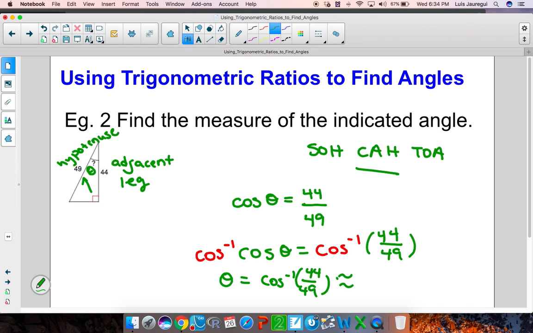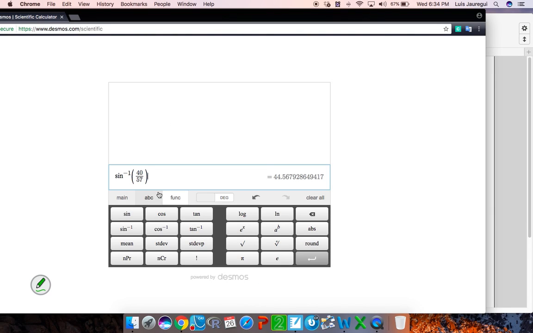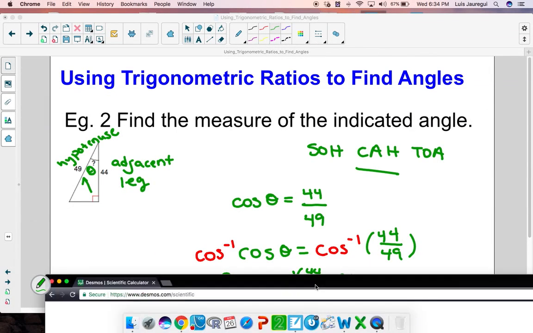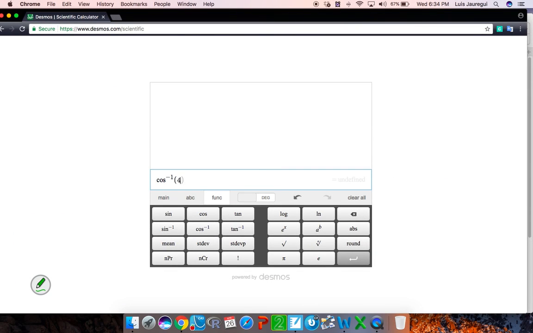We want an approximation for this. We can go to Desmos. So let me go to Desmos, very quickly here. And I'm going to do my cosine inverse of, in this case, 44/49. Let me close my parentheses. And that's approximately 26.1 degrees.